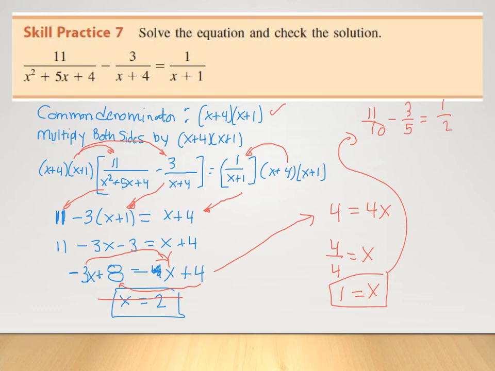And so now we have to have the same common denominator through, so 11 over 10 minus 6 over 5, or over 10, sorry, right, is equal to 5 over 10. On the left-hand side, we end up with 5 over 10 is equal to 5 over 10. So it checks out. So there is our solution.